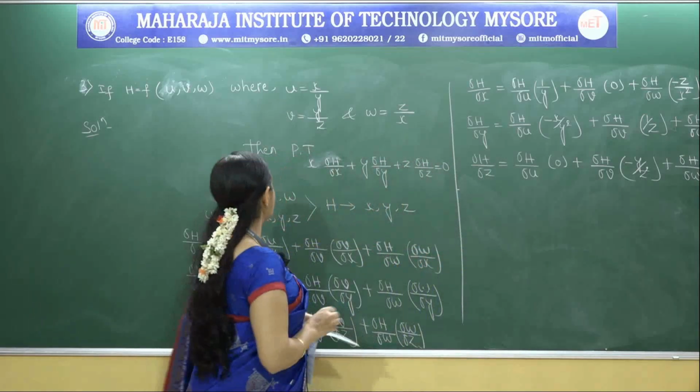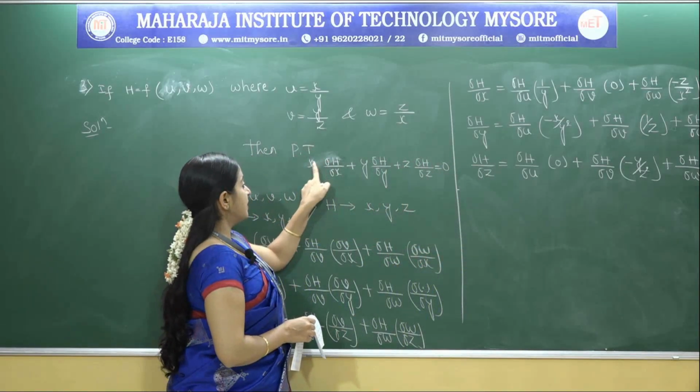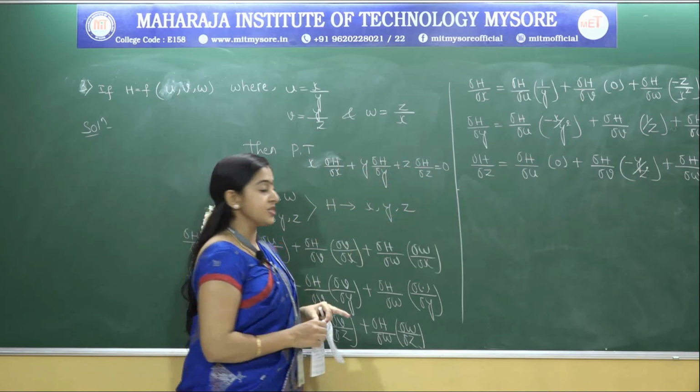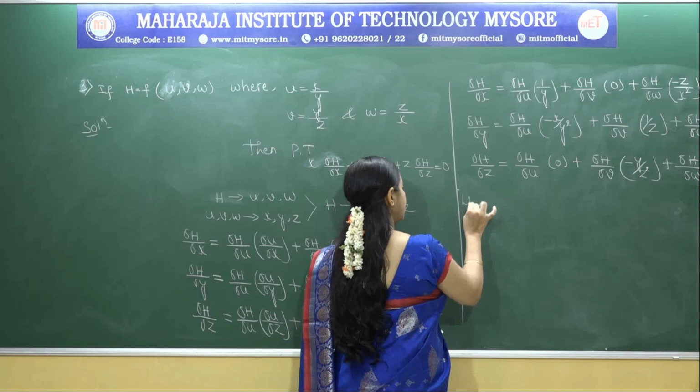Since in the given problem they asked to prove that the X multiplication of this, Y multiplication and Z multiplication of the last term, you consider the LHS part.